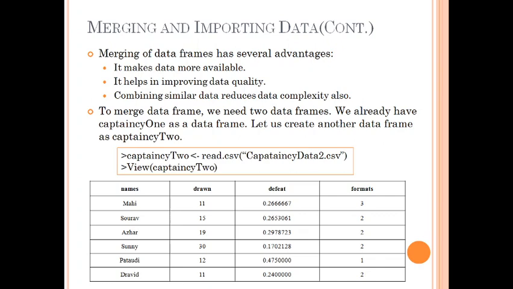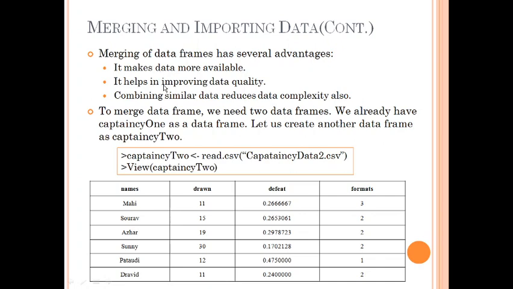Imagine that we have a few columns related to a particular thing in one file which we have converted into a data frame, and a few more columns related to the same thing in some other file which again we have converted into another data frame. As both the data frames are talking about the same thing, it is very convenient to merge them into a single data frame, as it will provide you more data availability.